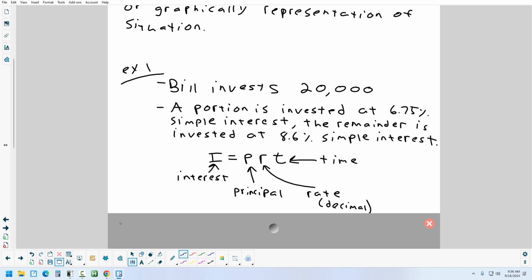The rate is from the percentage, but you always have to change the percent to a decimal. So like 12% is 0.12. Okay, you always have to put the rate as a decimal. Quick way to do that is just to move the decimal 2 places to the left, which divides the interest rate by 100. And T stands for time.